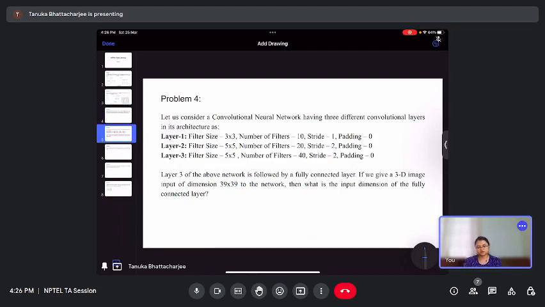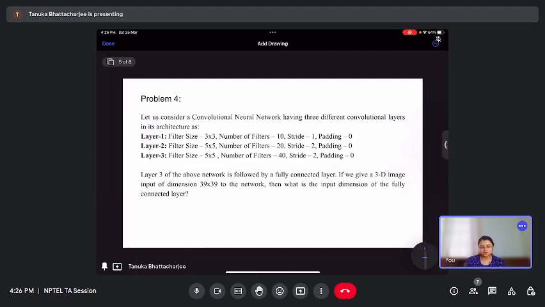Now, the next one. This is a multi-layer convolutional neural network. Let us consider a convolutional neural network having 3 different convolutional layers in its architecture. The filter size, number of filters, stride, padding, everything is specified for each of the 3 layers.